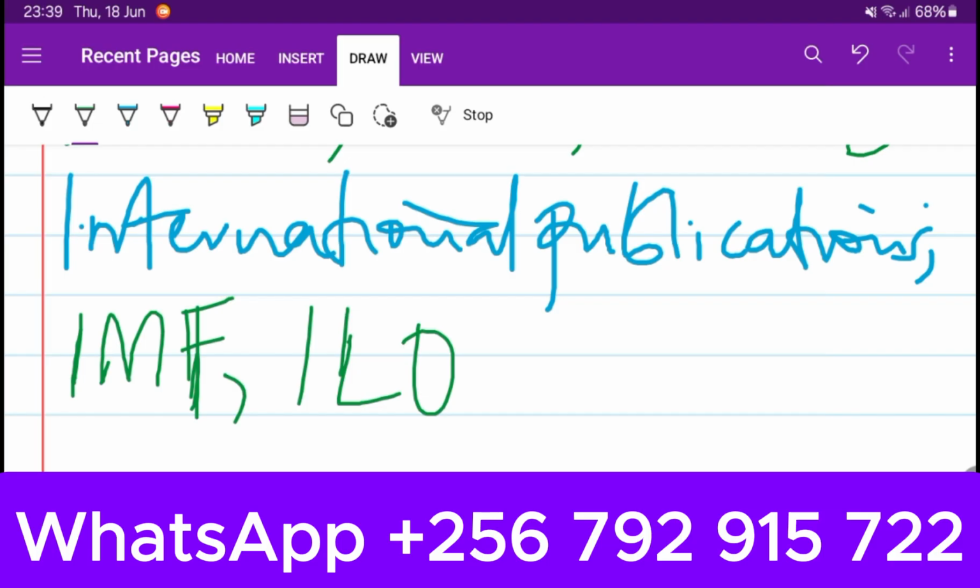We can also have the one that deals with the weather conditions, WMO, World Meteorological Organization.